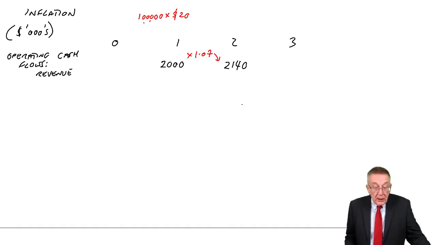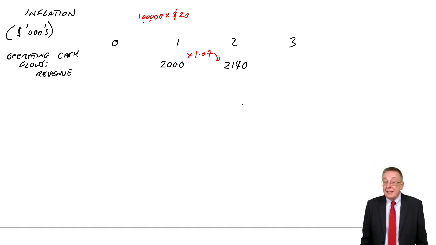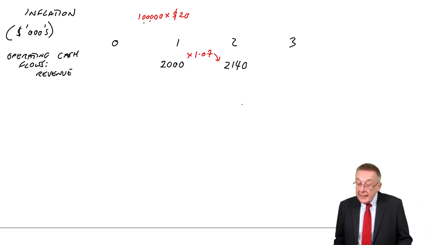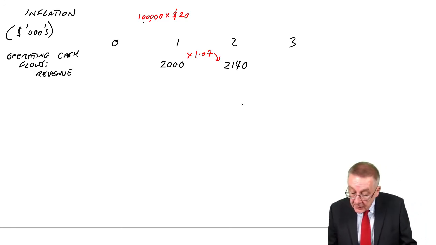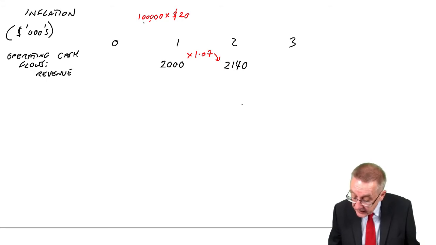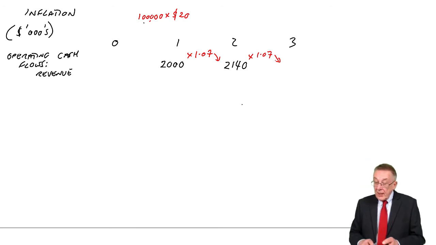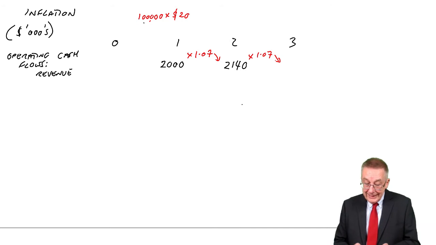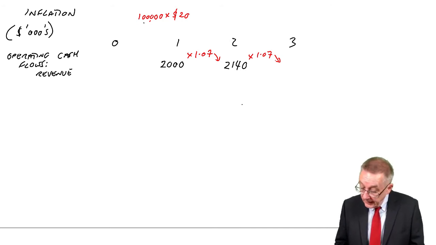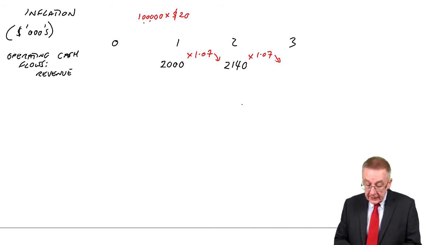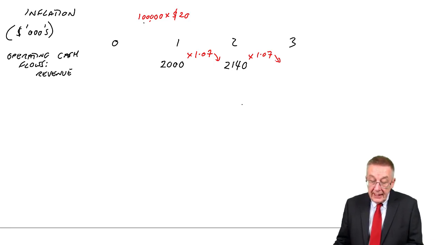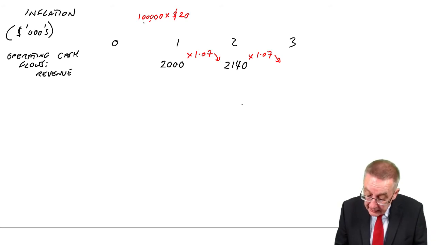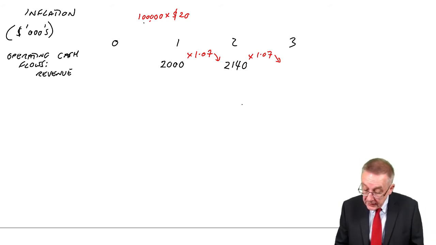And we expect it will go up by 7% per year. So surely in the third year, we need to increase by another 7%, or multiply by 1.07 again. 2,140 times 1.07 is, I say, work to the nearest 1,000.